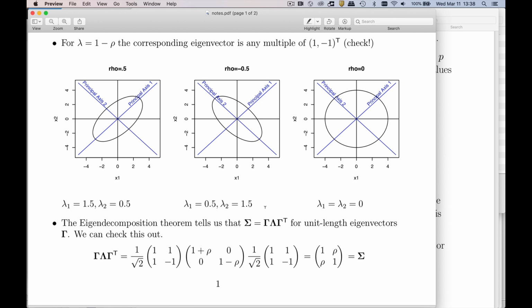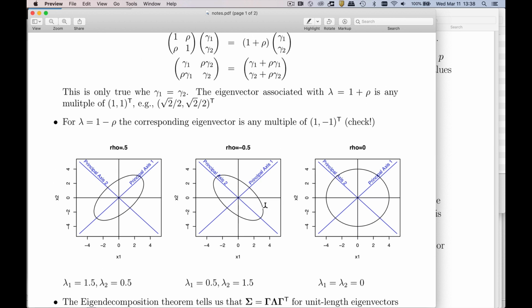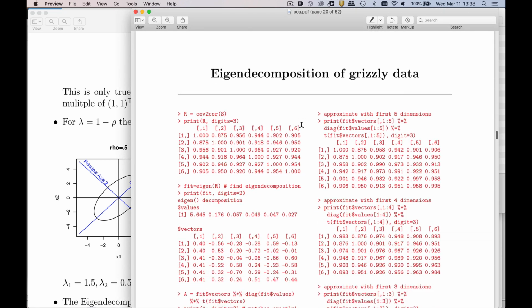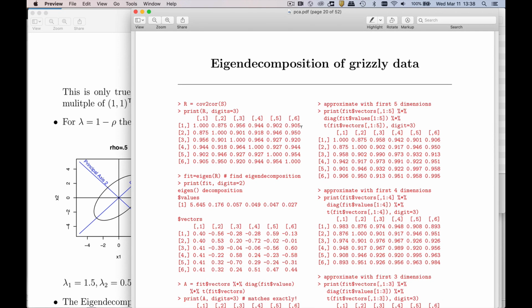Now, what's very useful about this, another way to think about what's useful beyond just finding the dimension where most of the variance is taking place, is that we're going to use this to approximate our covariance or correlation matrix.